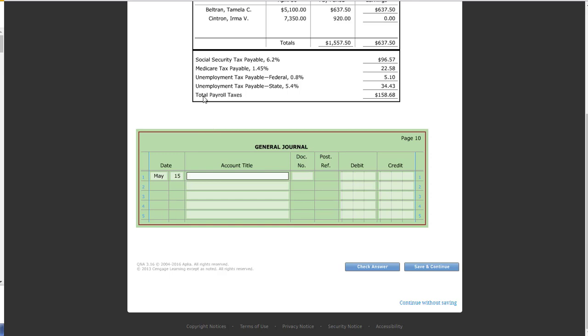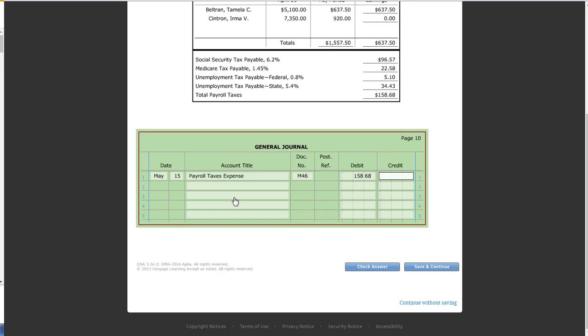Now, total payroll taxes is my debit, and my total payroll taxes is going to equal payroll taxes expense. My source document is M46 per the directions, and I'm going to put in there 158.68 because my expenses are going up.